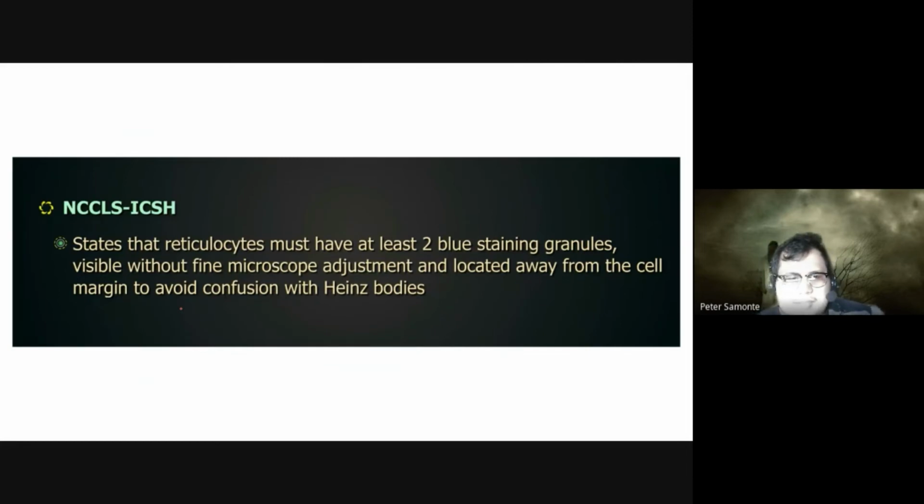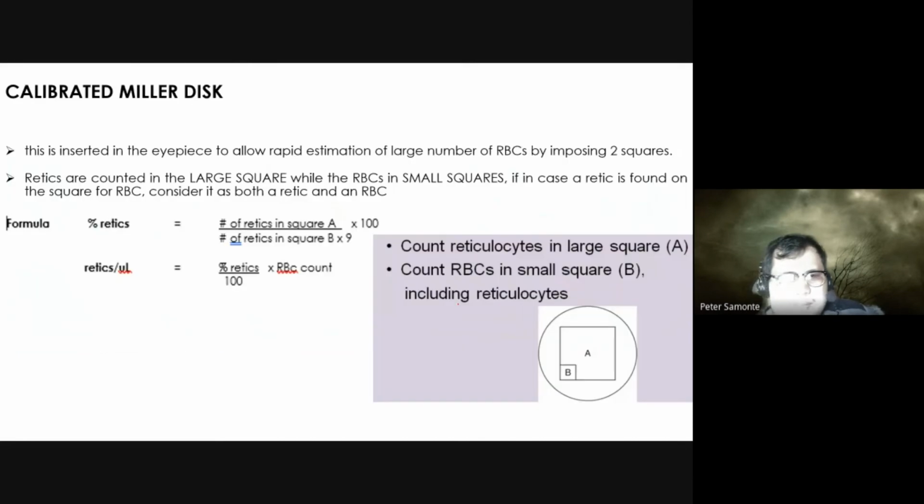Now, according to the NCCLS-ICH, reticulocytes must have at least 2 blue staining granules visible without fine microscope adjustment and located away from the cell margin to avoid confusion with Heinz bodies.